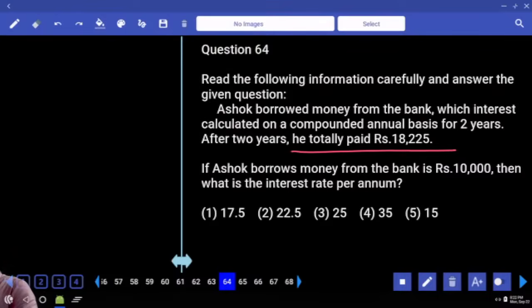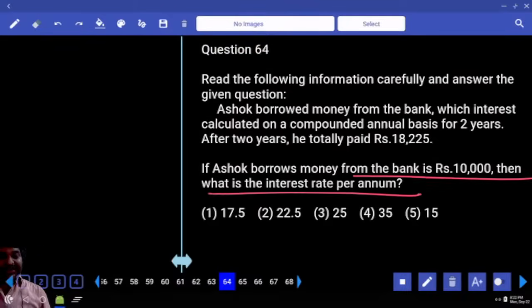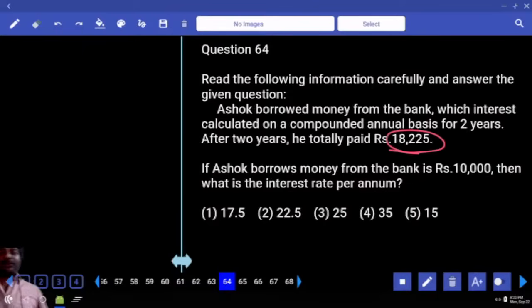Amount paid. Okay? Let's start. We cannot calculate rate of interest without principal. We cannot calculate principal without rate of interest. Both are interlinked now. Understood? If Ashok borrows money from the bank is 10,000, then what is the interest rate per annum? 18,225 is amount paid.